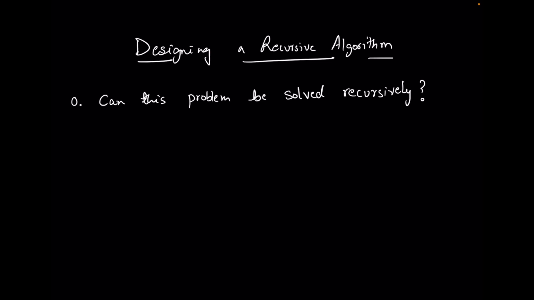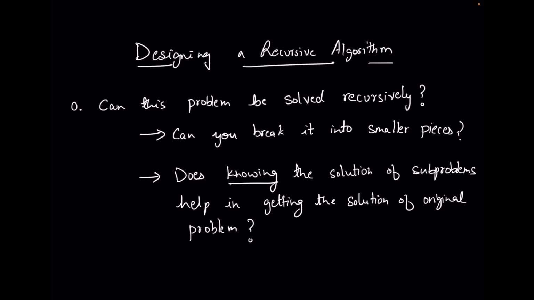And the questions that you need to answer for that is, firstly, can you break this problem into smaller pieces? If you can't break this big problem into smaller sub problems, then there's no way of pursuing a recursive algorithm. So that's the first question you need to answer. And the second question is, does knowing the solutions of these small sub problems help you in getting the solution of the original problem?